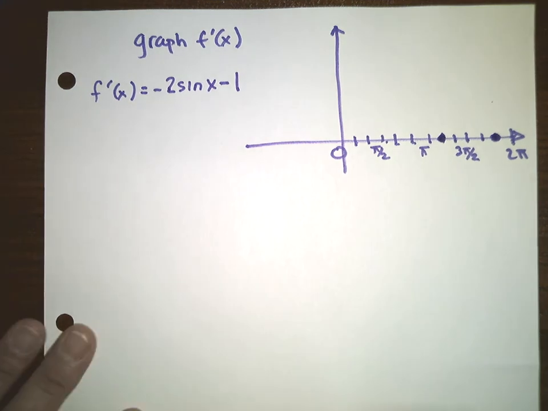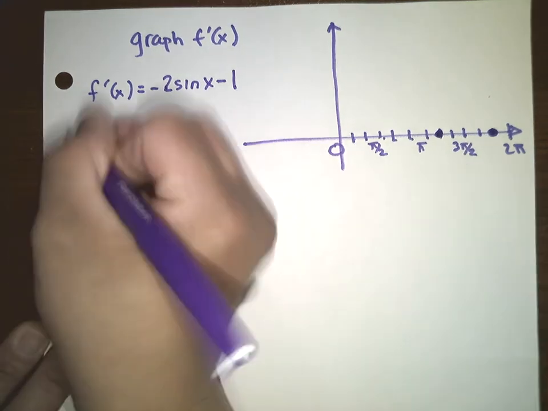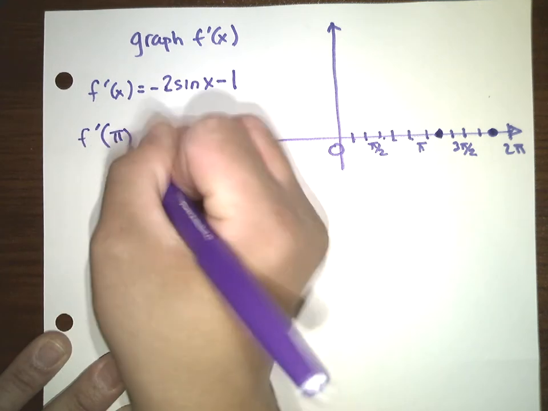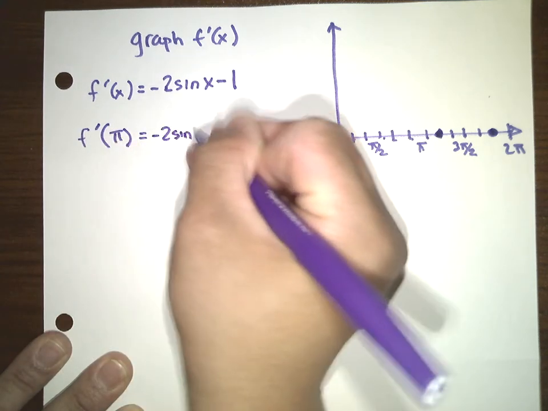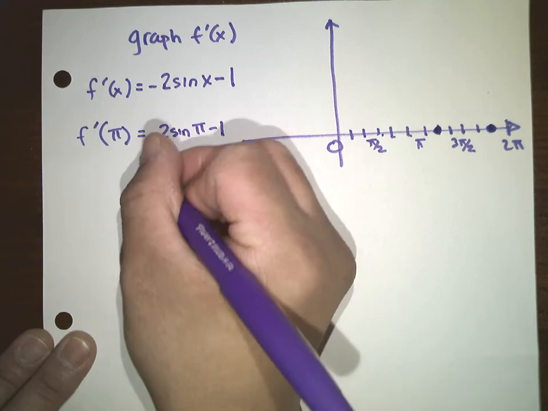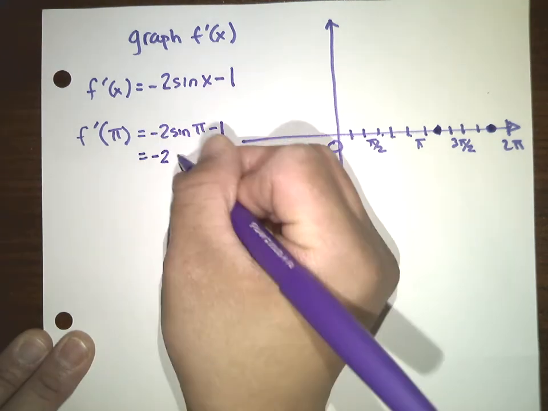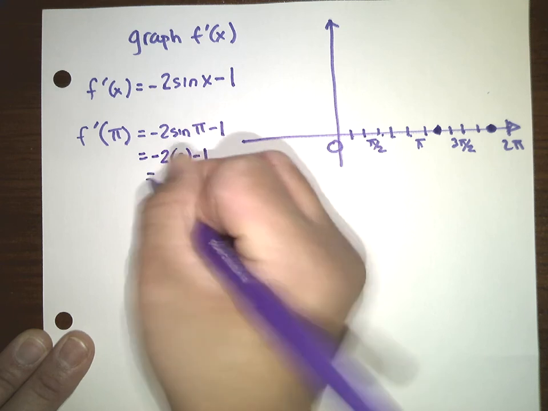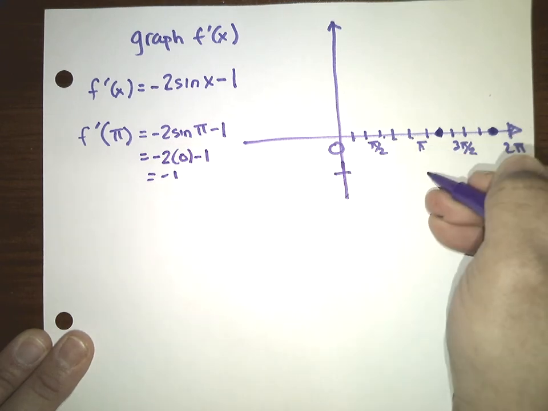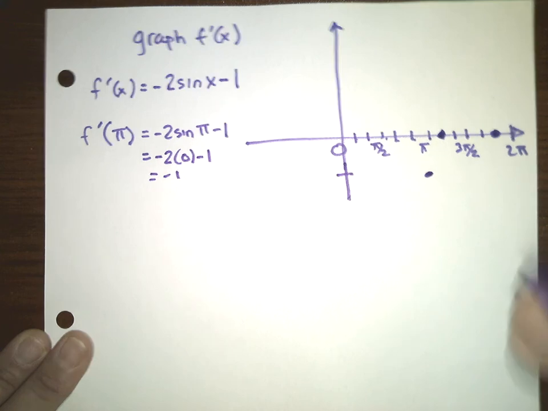It doesn't matter to me, because if you look here, you could have f prime of, say, pi is negative 2 sine of pi minus 1, and then you hopefully know that sine of pi is going to be 0, right? So you have negative 2 times 0 minus 1 is negative 1. So here is pi, negative 1.